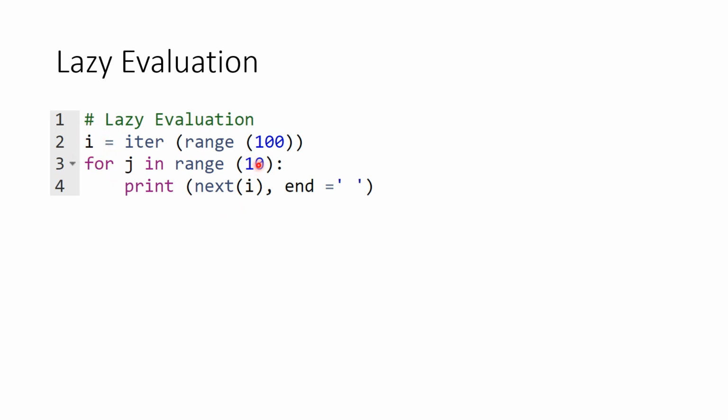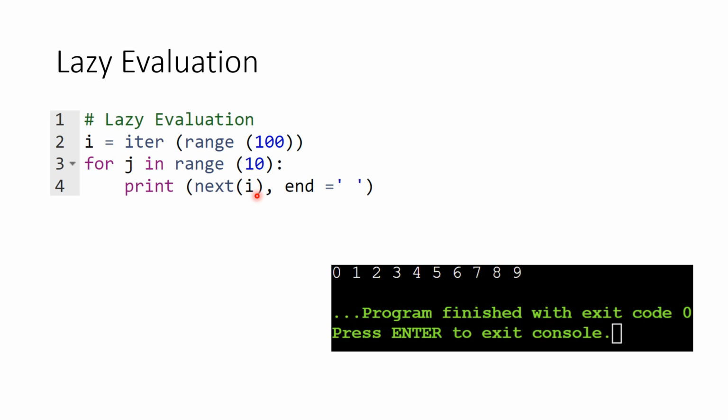I let this for loop repeat this statement 10 times, but I'm accessing only the iterable object i. So next of i will produce 0 the first time, next it will produce 1, 2, and it goes on up to 9, producing the values 0, 1, 2, 3, 4, 5, 6, 7, 8, 9.